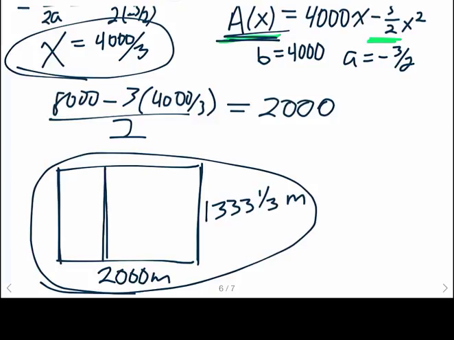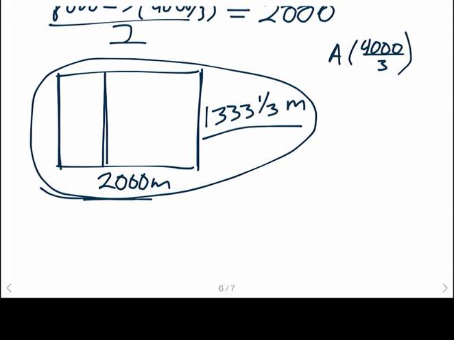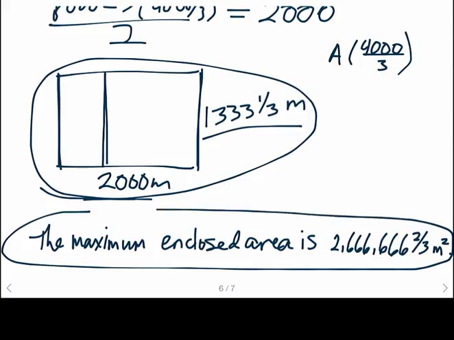As far as the maximum area, we could either multiply this 2,000 by 1,333 and a third, or we could evaluate A at 4,000 over 3. I leave the choice to you, but for verification, we're going to say the maximum enclosed area is 2,666,666 and 2/3 square meters.